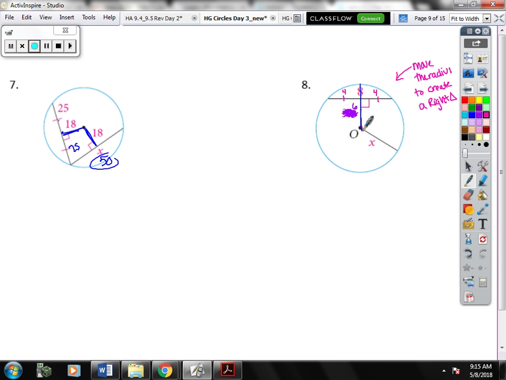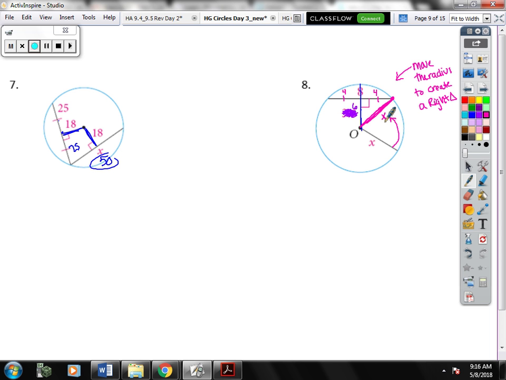So I'm going to take this radius, I'm going to move it here. It's still x units long. Now, how can we find x? We have a right triangle, we know two legs.